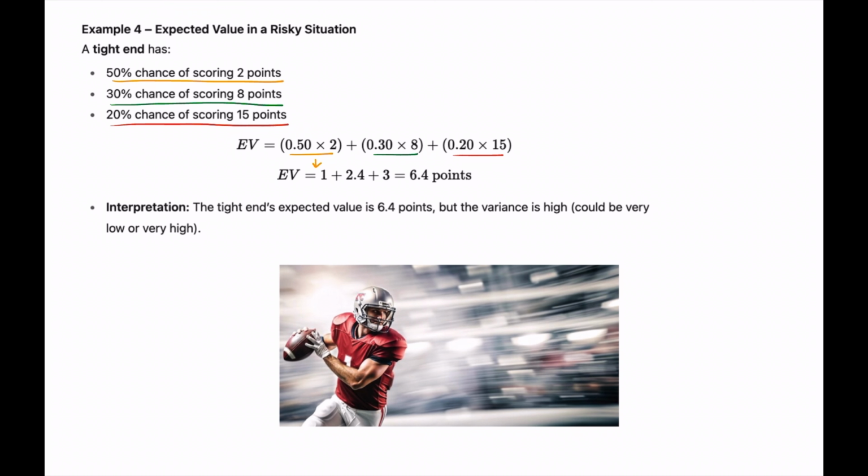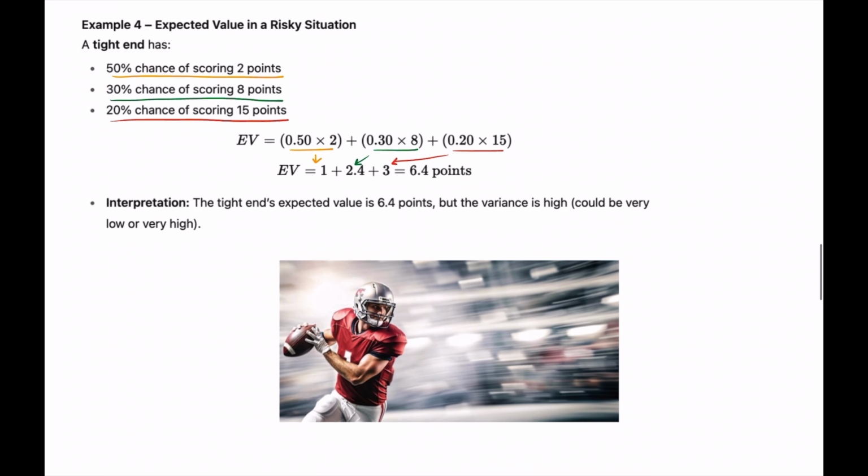We know 0.5 times 2 is 1, 0.3 times 8 is 2.4, and 0.2 times 15 is 3. When we add these all together, we get 6.4 points. And our interpretation is that the tight end's expected value is 6.4 points. But the variance is high, which could be very high or very low.